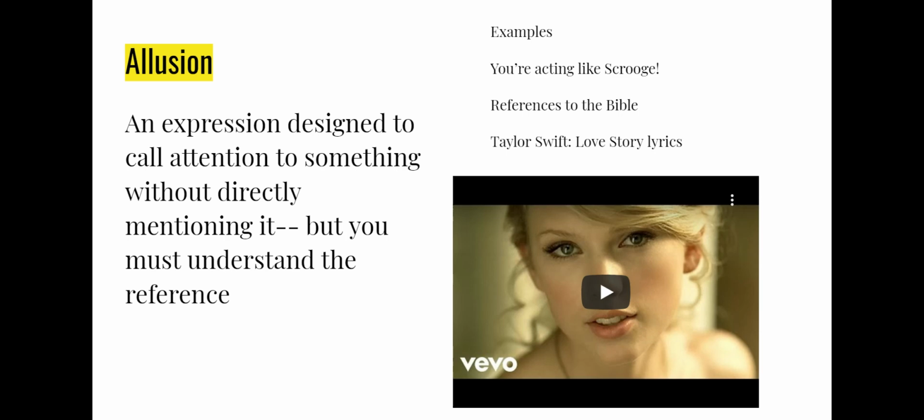And she is mentioning how it's their love story, and she refers to the man she's waiting for as Romeo, and that she's Juliet. She also makes another reference to The Scarlet Letter, which is another literary allusion. So allusions are very interesting, but like I said, you have to understand the reference in order to understand what they're trying to say.